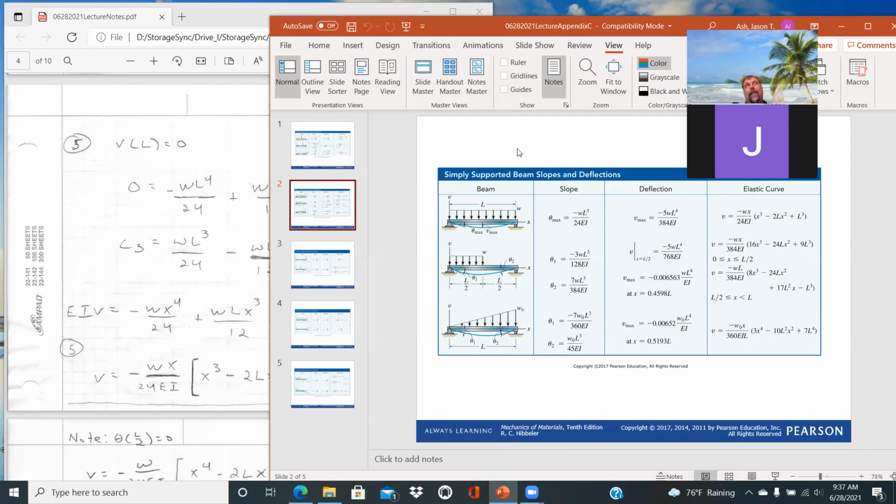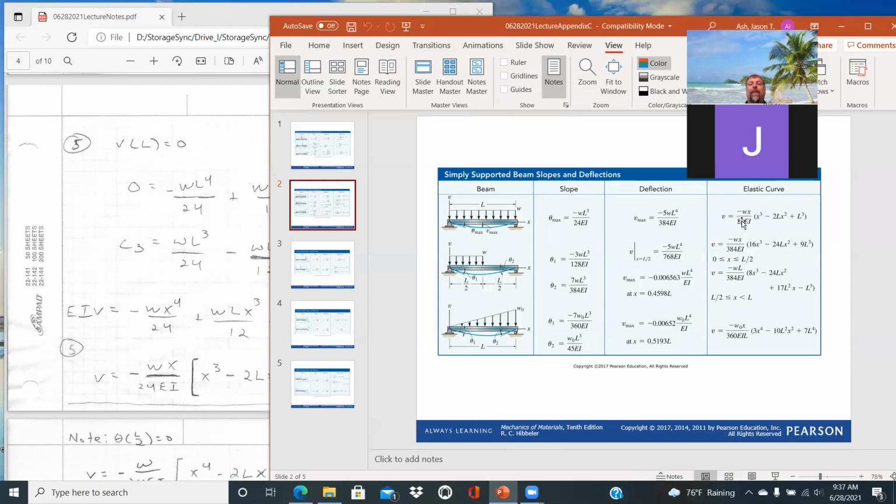And so the tables that you have in the back of your textbook really only provide the elastic curve. As we continue on, I'll give you Shigley's tables, which give you more information on the reaction forces and the moment as a function of X. Remember, when you have the elastic curve, you can really solve for all this stuff.